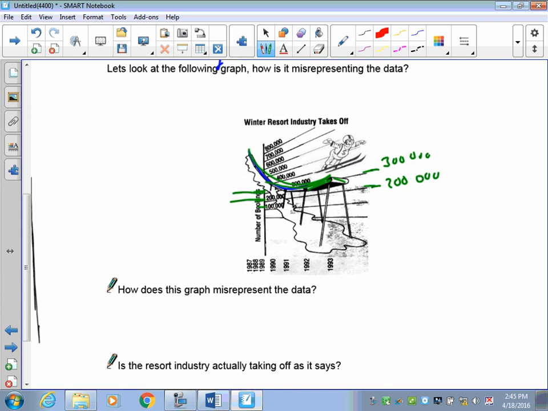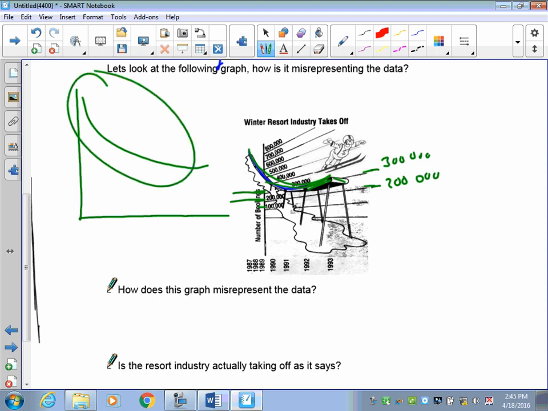But if you were to graph this properly, and I'm just going to freehand it here, you'd probably see something like this. I look at that and I go, that doesn't exactly give me a lot of confidence that the winter resort industry is going crazy. In fact, from 1987 up to 1992, things have basically been losing money.